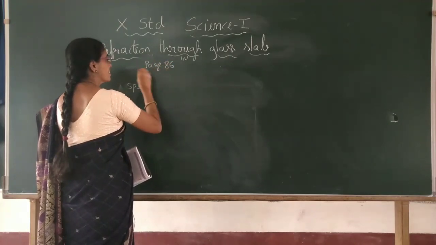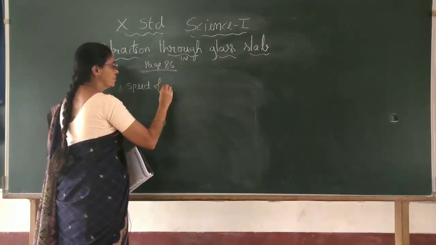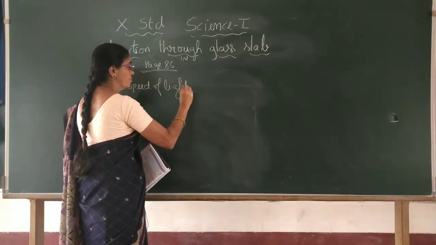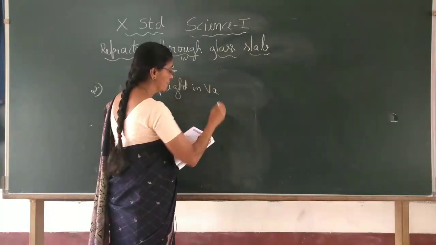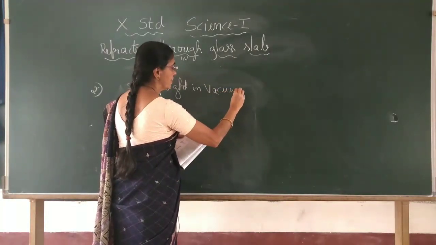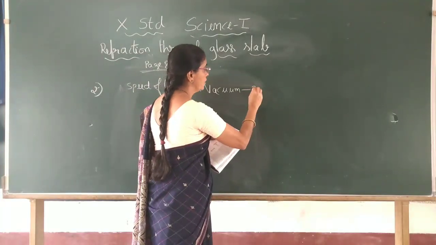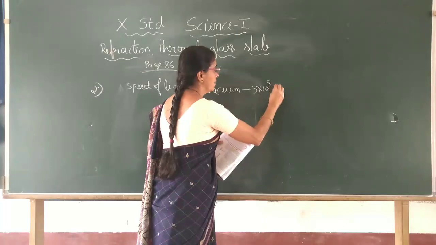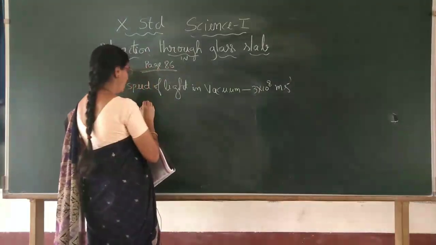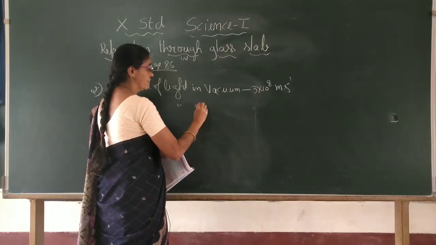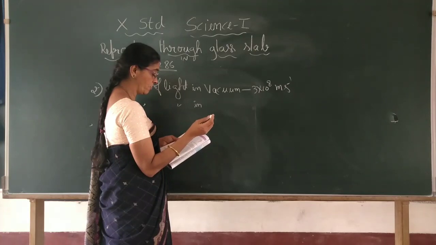Page 86, second one. Speed of light in vacuum is given as 3 into 10 to the power of 8 meters per second. Then the speed of light in glass, you have to find.